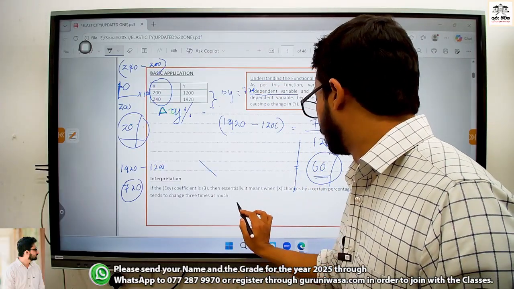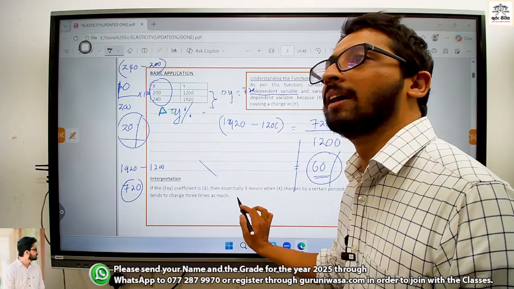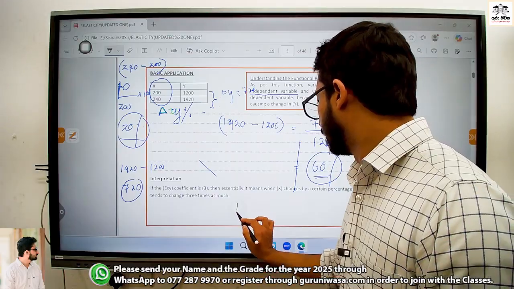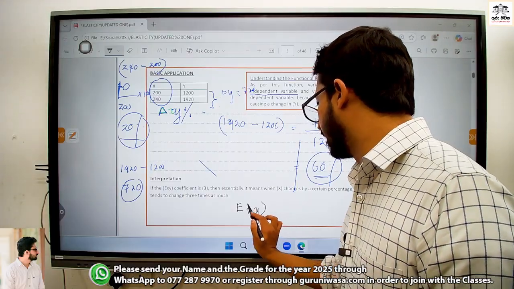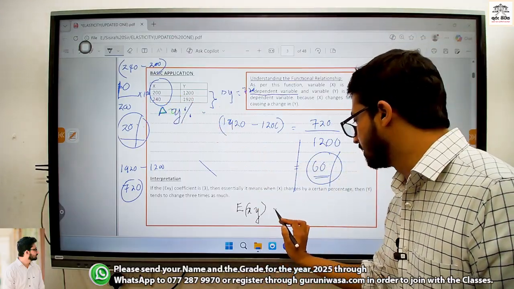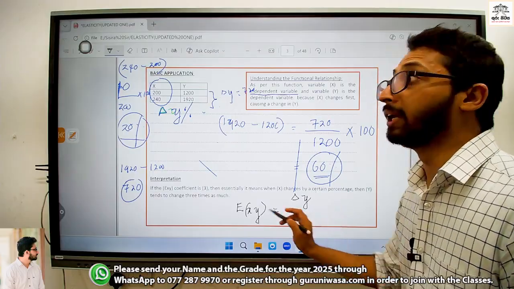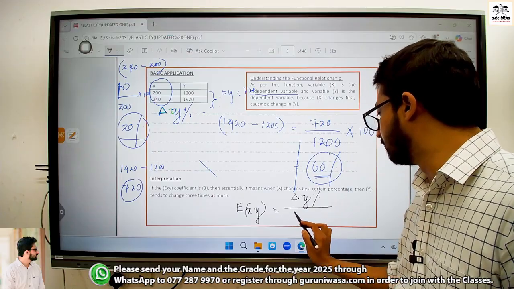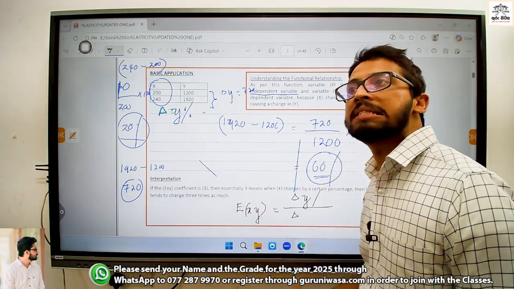Then how to calculate? Elasticity between x and y. Don't worry about these symbols. Elasticity for x and y, because my variables are x and y, equals percentage change in the dependent variable, here y, divided by percentage change in the independent variable, x.